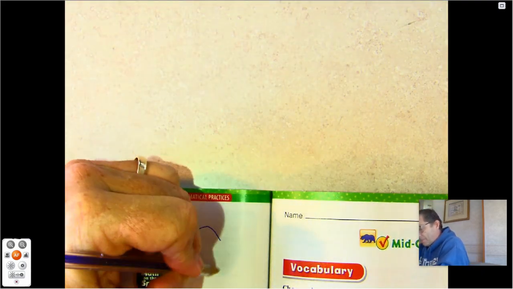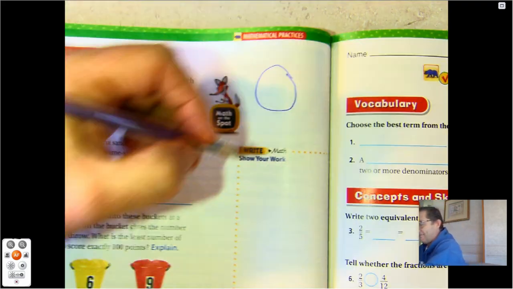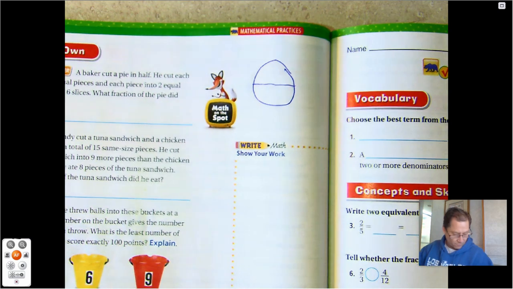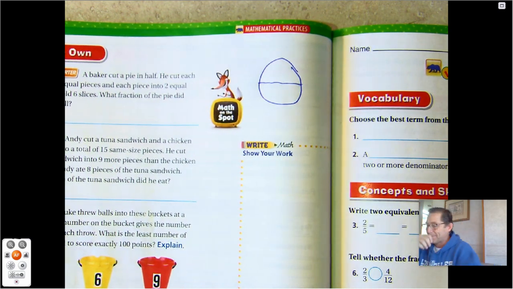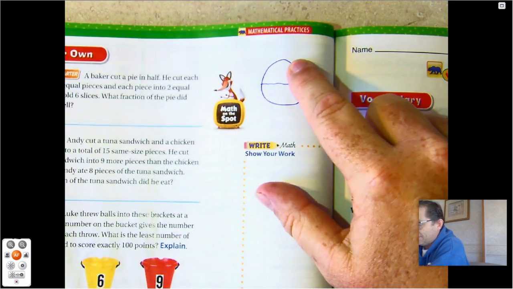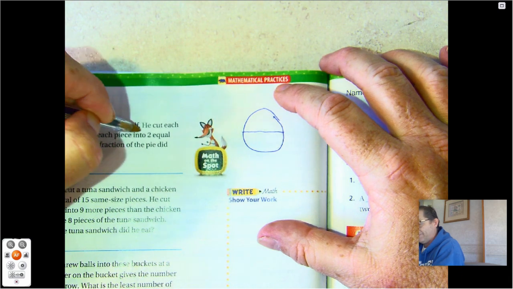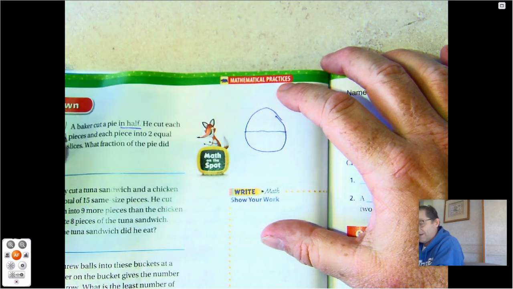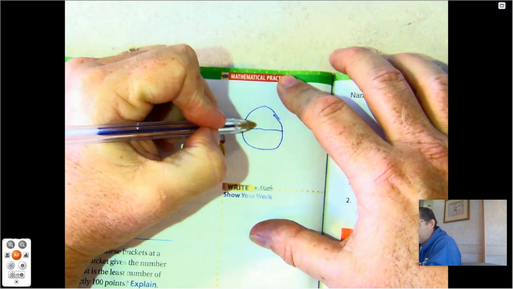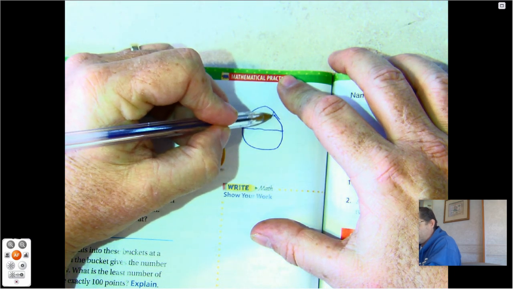And then he cut it in half. Okay, so we'll cut it that way. And then he took each of the halves and cut each half into 3 equal pieces, like that.